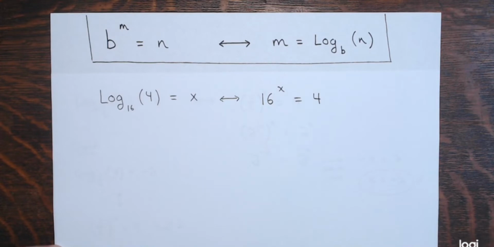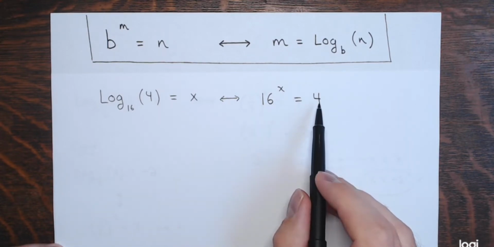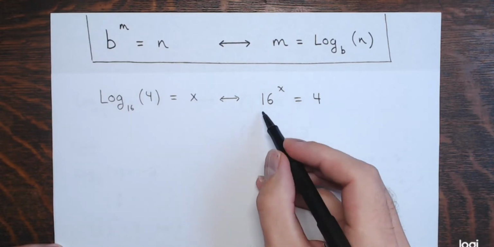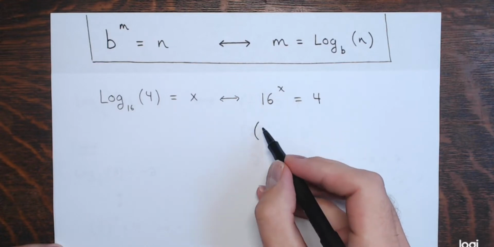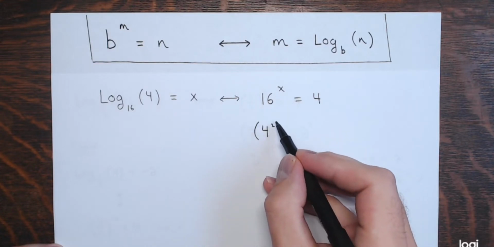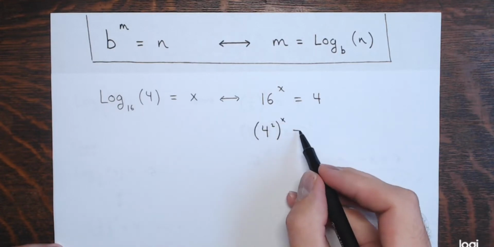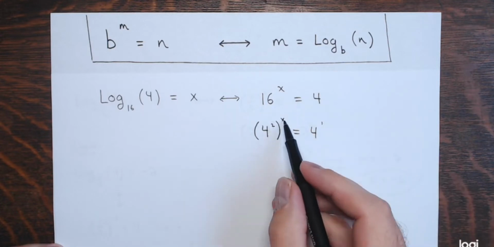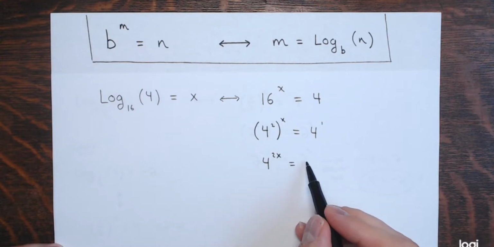And then we can apply the one-to-one property, once we get both sides with the same base. These don't have the same base right now, but I can get them to be the same base. 16 to the x is the same thing as 4 squared to the x, so I have a power to a power, equals 4 to the first, which is just 4. So here we have 4 to the 2x power equals 4 to the first power.